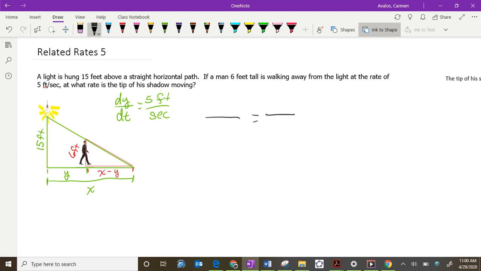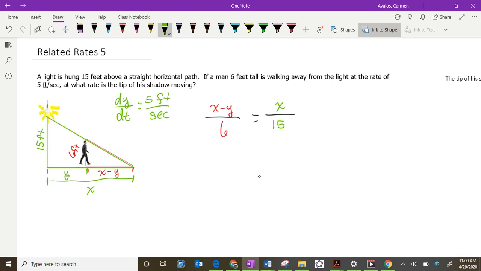We have X minus Y, and that corresponds to the whole X. So this distance corresponds to the whole distance, so that's going to be X minus Y over X, equal to 6 over 15. These are coming from the same triangle.